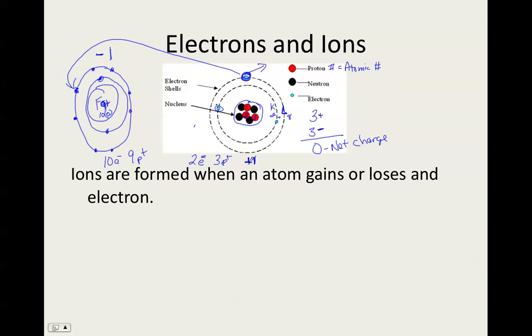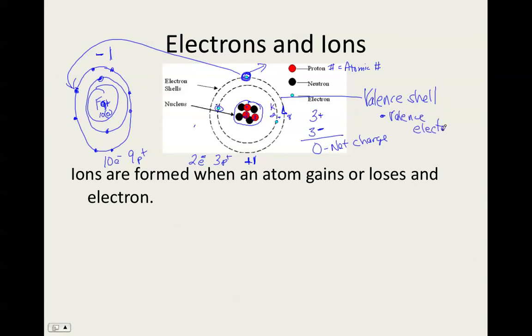So back to the atom. The outermost shell of an atom is called the valence shell, or valence orbital. The electrons in the valence shell are called valence electrons.